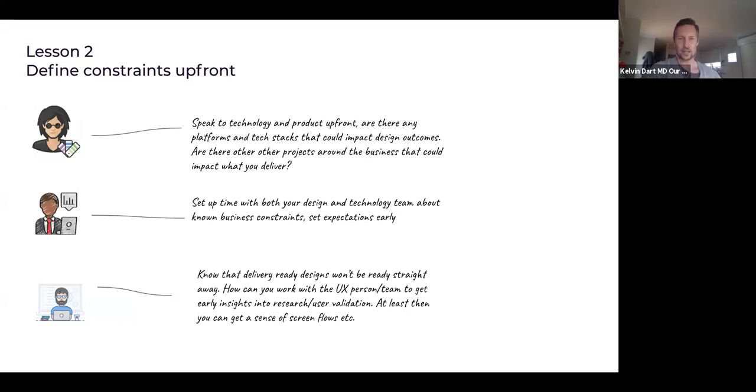Embed yourself in their processes so you can understand as early as possible when research is coming out. Don't wait for showcases. Get a quick whip. It can be as informal as it can be, but it's like, hey, what are the themes that are coming out? Where do you think the information architecture is going to go? And at least then you can start making guesses to developing whatever it might be, a website or a mobile application or something physical.